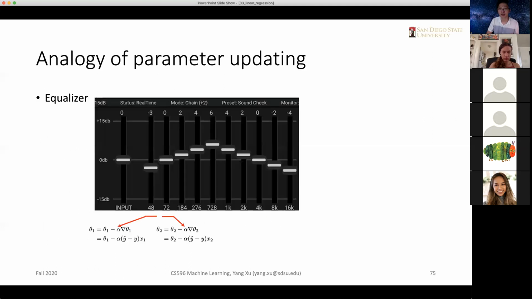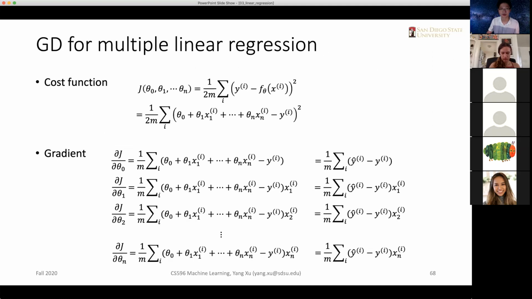If we go back to the slide here, in each step we compute the gradients using the summation over all data points. So when your data set is very big, that is a very expensive computation. If you have a 1 million data set, you need to sum up 1 million quantities each time you do the updates. That is not a cheap operation, so that is something we need to consider if we have large data sets.